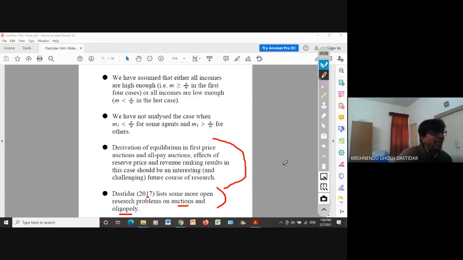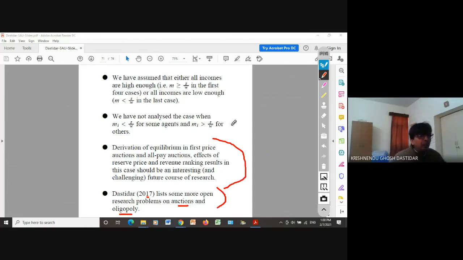There is also a small but growing literature on auctions and oligopoly together. In many markets, for example, a firm first bids for a license in an auction, a license to produce something. And then after they have obtained the license, they go to a market and compete as an oligopoly.